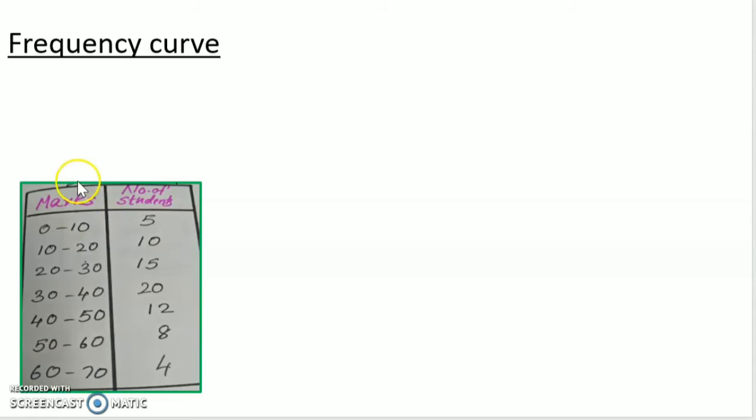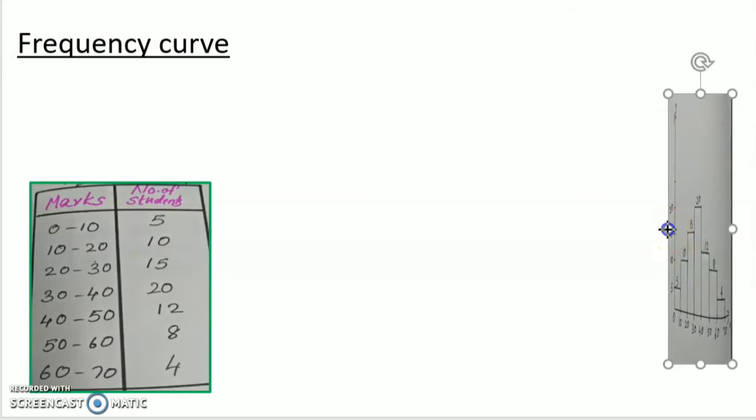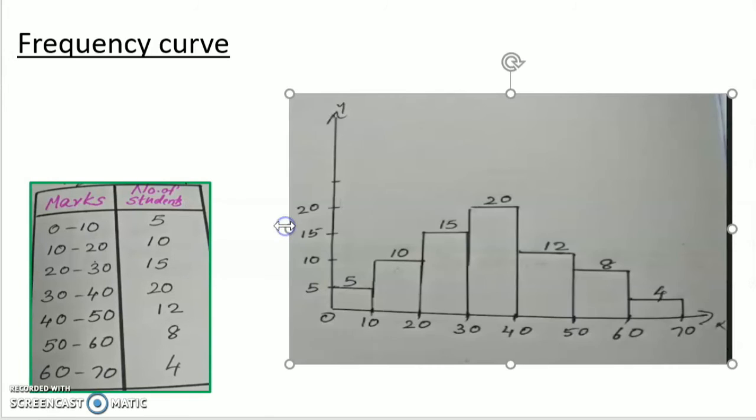Now the next topic is the frequency curve. That is a very simple topic. As in the first case, the only difference is that we use the same histogram diagram and the same example. As in the polygon, we first find all the midpoints of this histogram and mark the points, and after that you join all the points freehand.